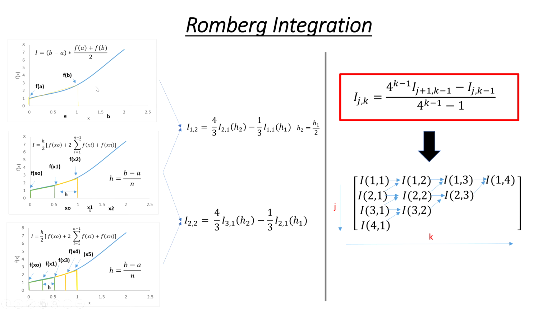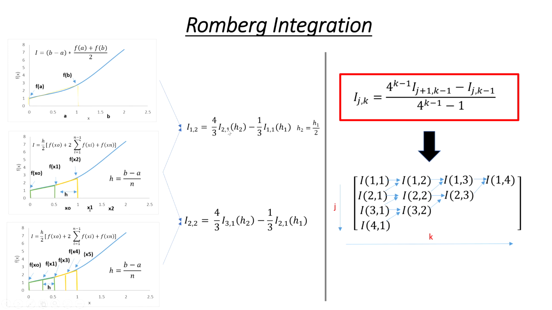When we did this trapezoid, the 4, the 2, the 1, that was the first level of integration. These I12 and this I22, these were the second level of integration, which makes sense where this 2 comes from. This 2, which here will be defined as k, will indicate the level of integration.